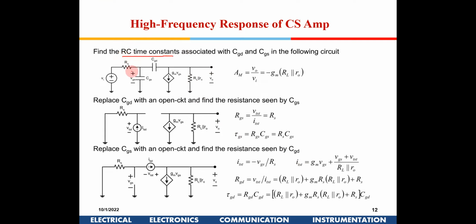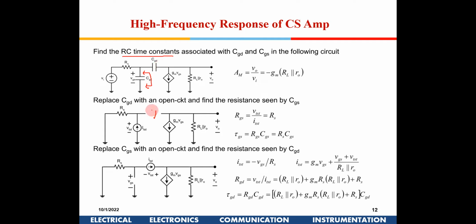Now this is the equivalent circuit. You have CGS. We have to find out what is the resistance seen by this capacitance. For that, we have to open circuit the other capacitors.